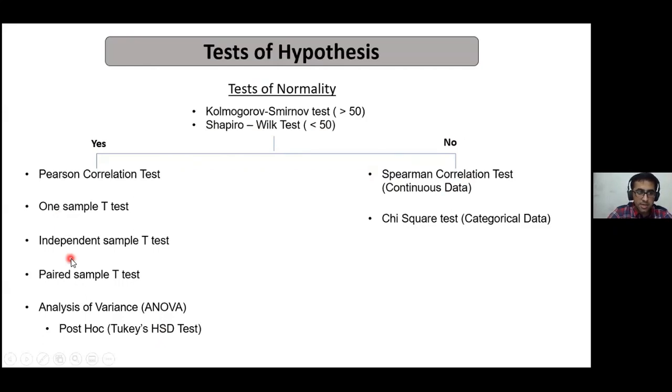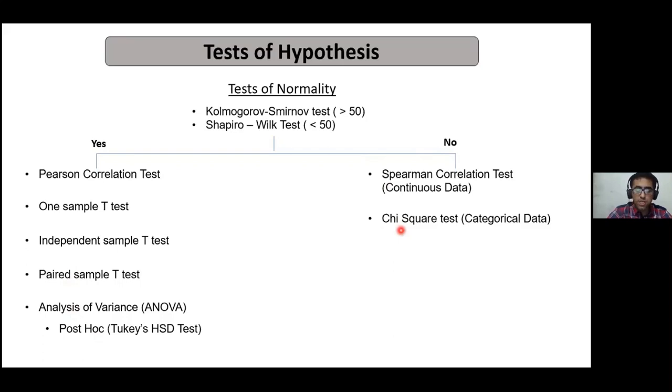All these tests, Pearson test, one sample t-test, independent sample t-test, paired sample t-test, ANOVA, and post hoc after ANOVA, are applied only when data is normal. If the data is not normal, then we use the Spearman correlation test or chi-square test. Also, the chi-square test is used when we have categorical data.